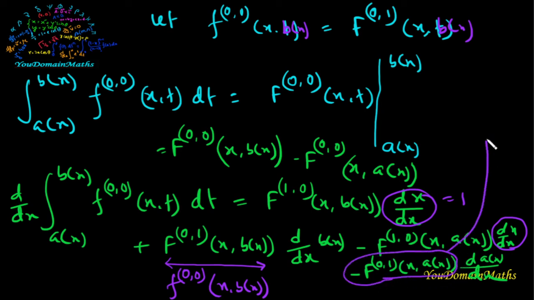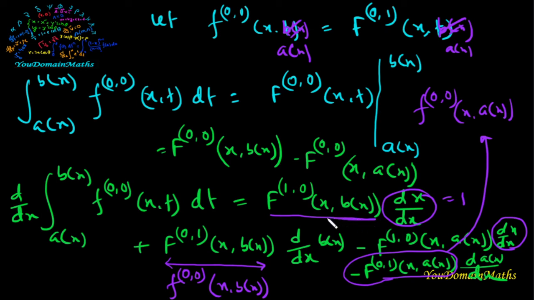This function can also be written, if it is a of x and it is a of x, as f of 0,0 and x comma a of x. That is a very easy term. We explained these terms, so these two terms can be written easily, and the other two terms we can explain in another slide. So let's go please.